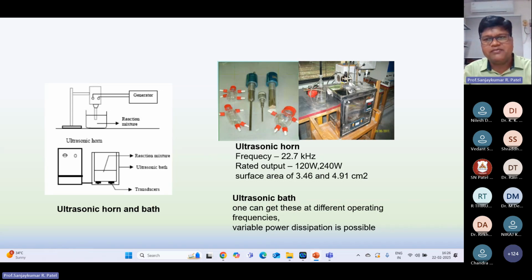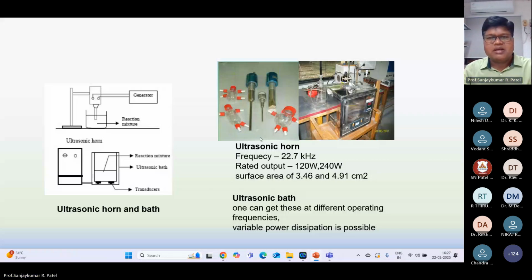So this is one way of providing sound energy, or through the probes, from the tips of the probes you can also provide the ultrasonic energy. So two mechanisms are there that can be used as per our applications.